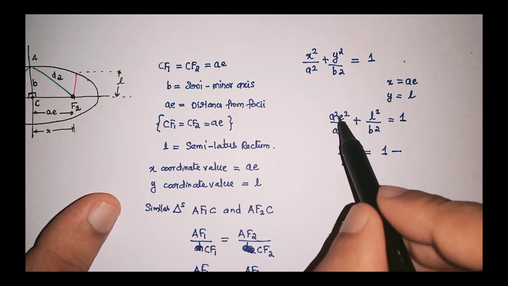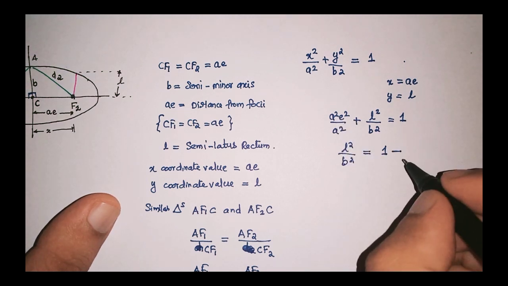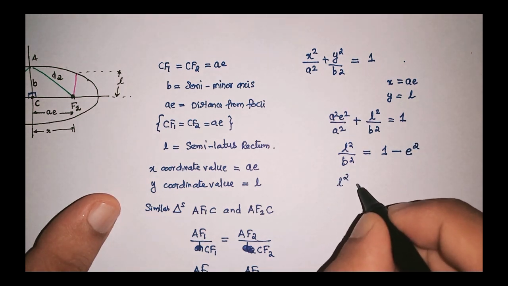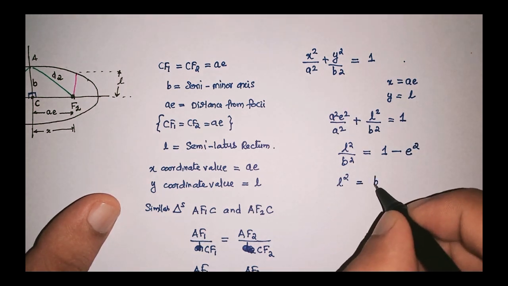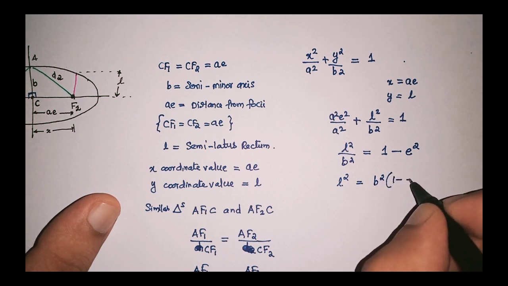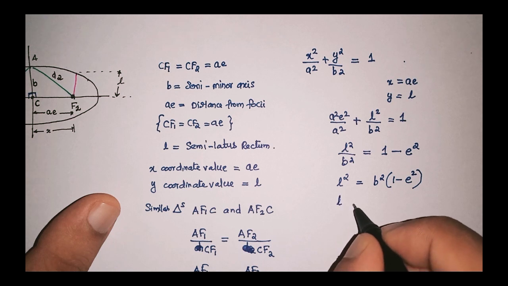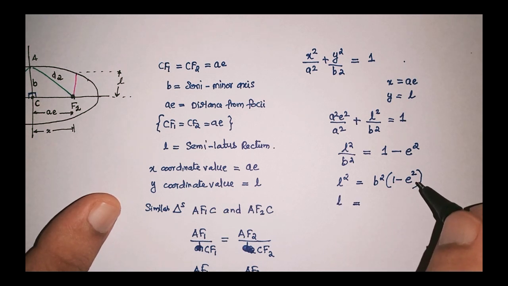You take e square to this side, so you end up with 1 minus e square. That means L square is equal to b square into 1 minus e square. That means L can be plus or minus root of b square into 1 minus e square.